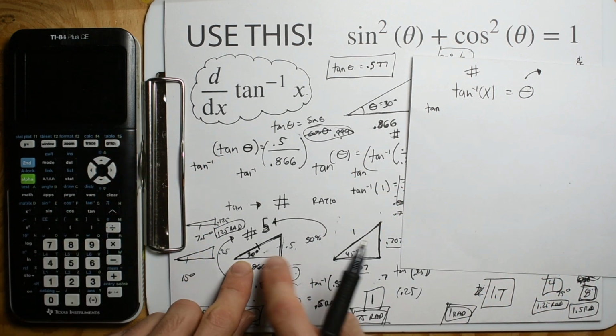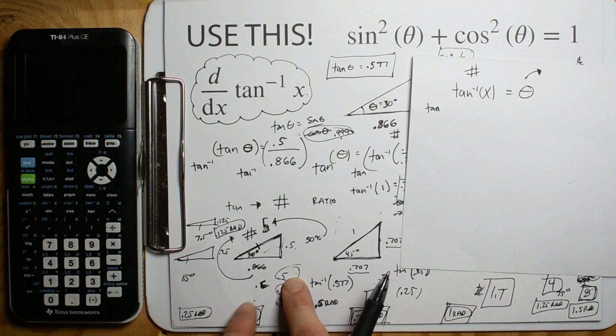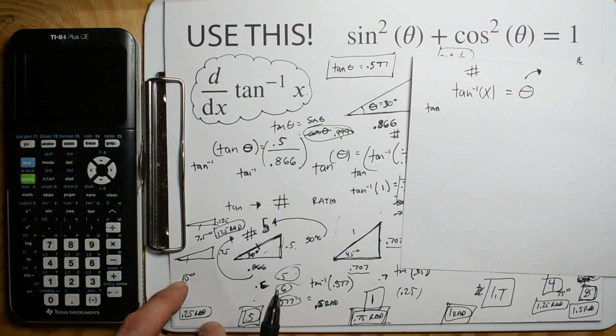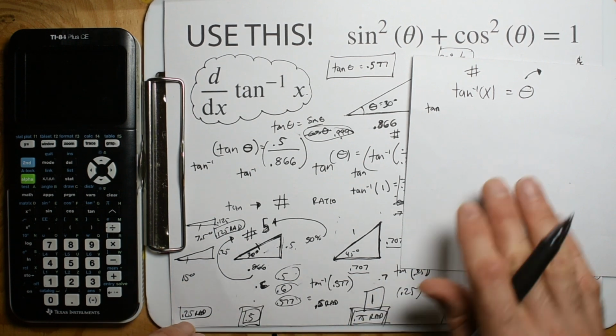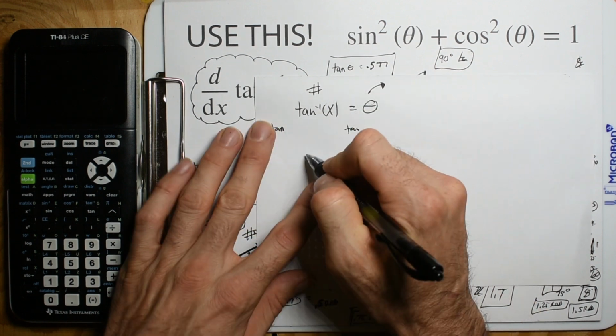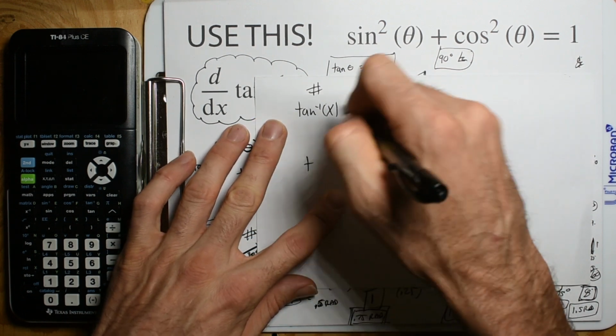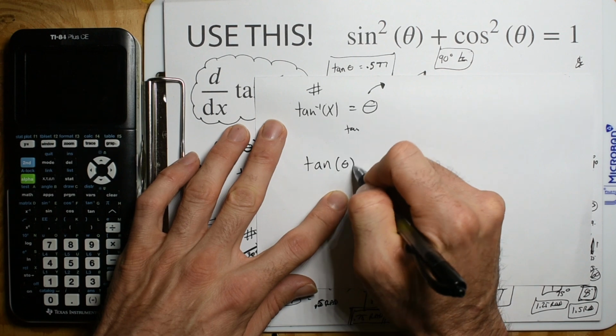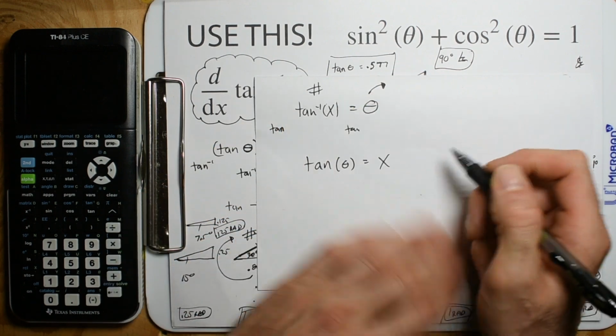And if we know that 30 is 0.5 radians, well, 15 degrees is going to be 0.25 radians. So let's take the tangent of both sides. I'm just going to flip them around. We're going to get tangent of the angle is that ratio.